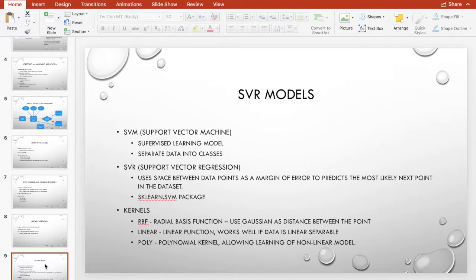In addition, SVR models also have a few tuning parameters, and one of the most important tuning parameters is the kernel. The RBF kernel is based on the Gaussian distance between the points, the linear kernel works well if the data is linearly separable, and the polynomial kernel allows the learning of nonlinear models.